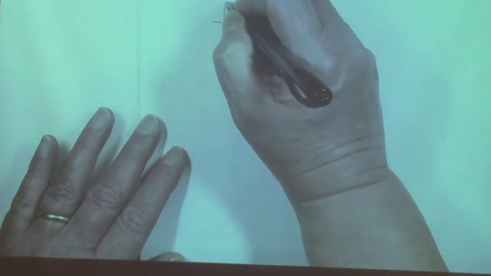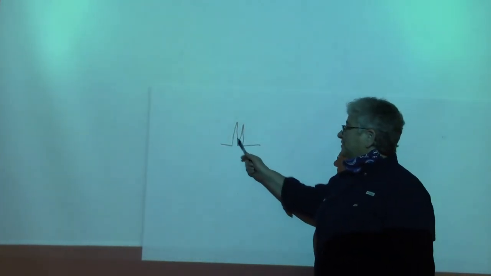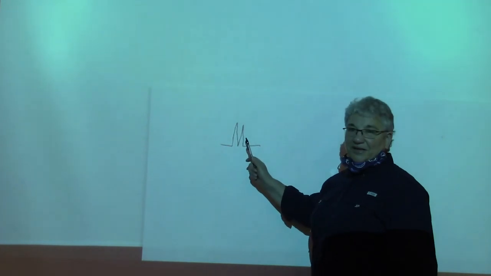If I see something that has two peaks close to each other like this, I'm going to call that a doublet, and I'm going to represent that with a D.